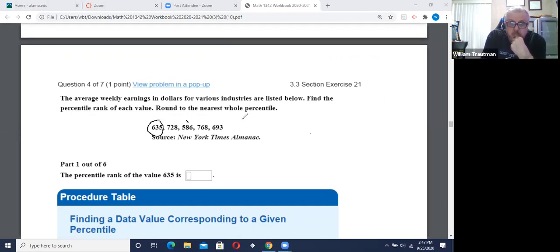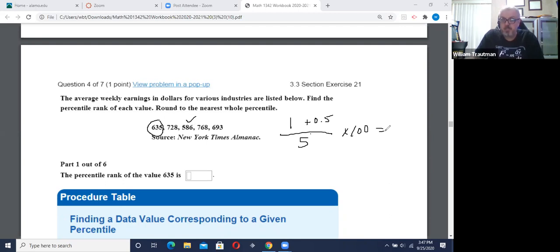There's only one number less than 635. One is less, add the 0.5, divided by 1, 2, 3, 4, 5. Do you see there's only 5 data points? Times 100. And on my calculator, 1.5 divided by 5 times 100, I get 30%.